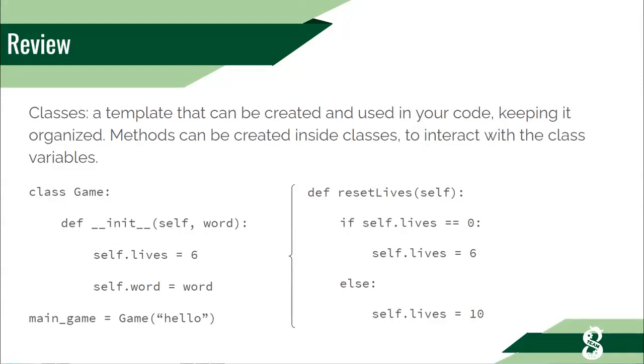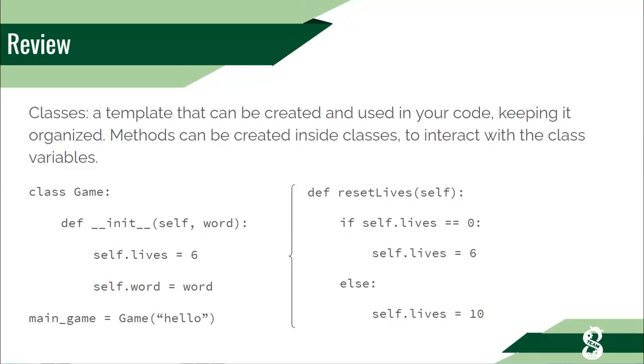This method is really similar to functions, but in this case, we're changing the amount of lives left in the game. We have the self keyword, even though that's not an actual parameter, so you don't pass in a value for self. Usually the methods edit something inside the class.